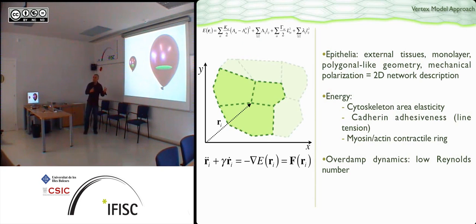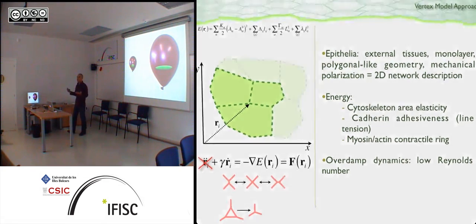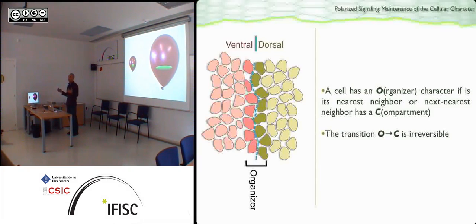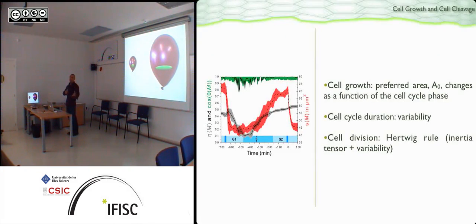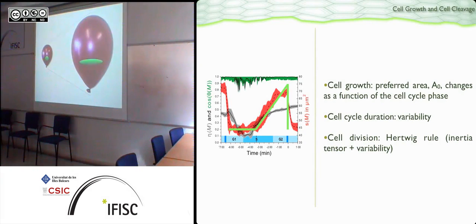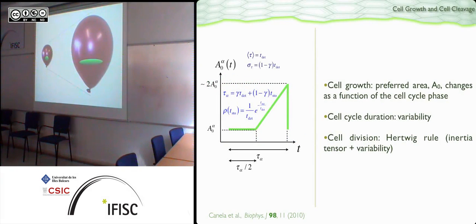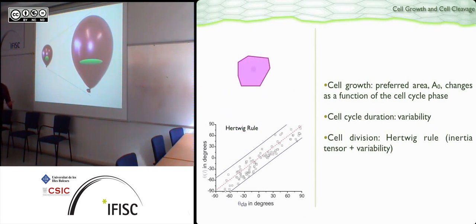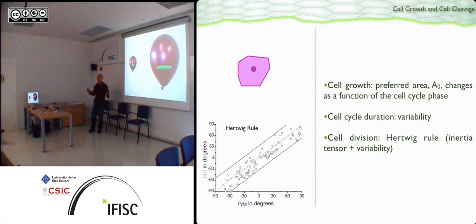This stupid and simple approach is actually very important in developmental biology, because when you have an organism that is growing, you have tissues that have to scale and have to grow, but some parts of the tissue and some parts of the cells have to scale differently than others. Of course, in a real tissue, this is much more complicated than in the balloon, because here you are talking about a continuous medium. But in a biological tissue, what you have is individual cells, and those cells can move one with respect to the other.